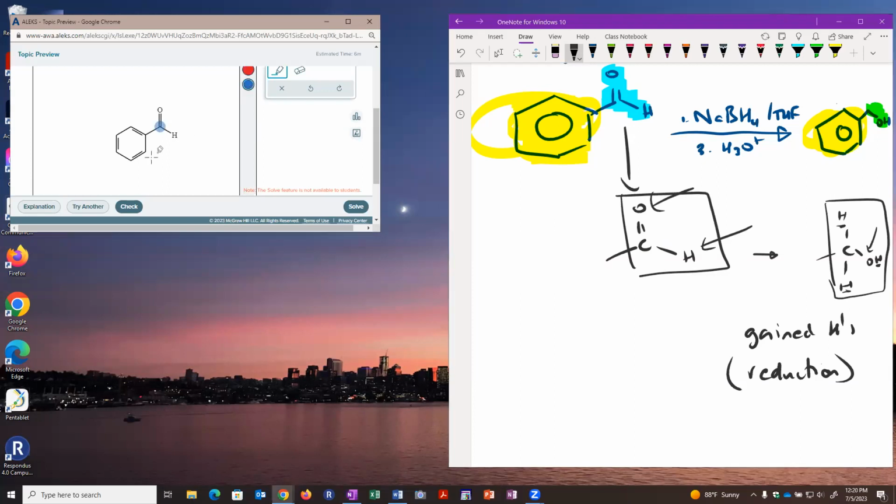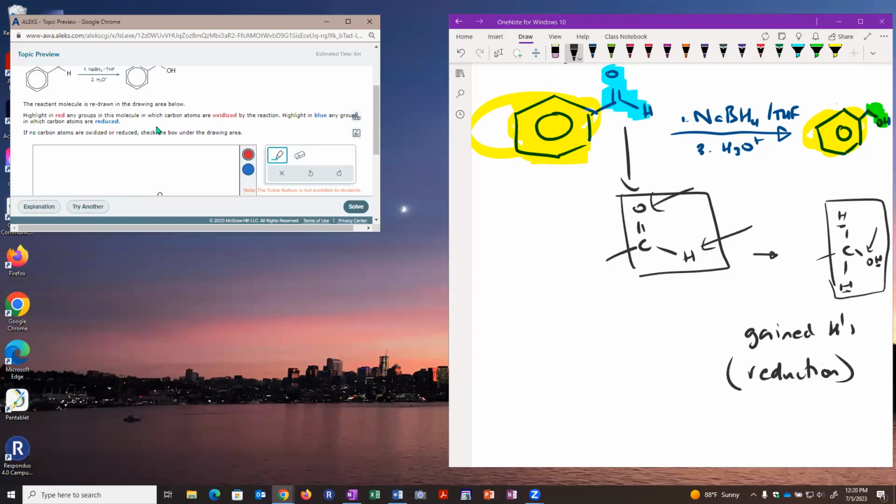So you can highlight that carbon in blue, and we can check and see that that's correct. So when it comes to identifying oxidation reduction in organic reactions, I would say to quickly look and see whether things have gained oxygens, lost oxygens, whether they've gained H's or lost H's. That'll tell you really quickly whether we have one or the other occurring.